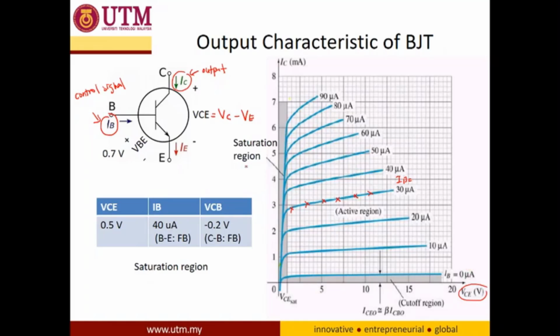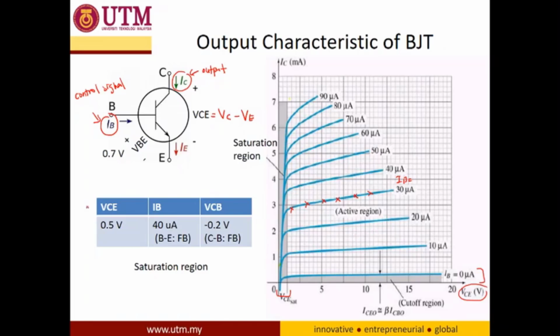The first region is the saturation region, at very low VCE, where the current starts to increase significantly. The cutoff region is where the base current is zero and the collector current is almost zero. The third region is the active region, in the middle of the plotted graph.